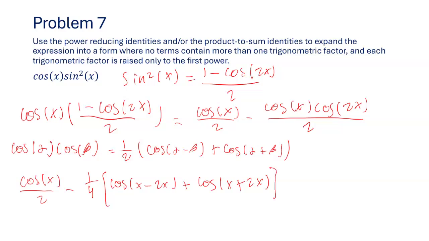So then, multiplying all that out, you'll get cosine of x over 2 minus cosine negative x over 4 minus cosine 3x over 4, which equates to cosine.